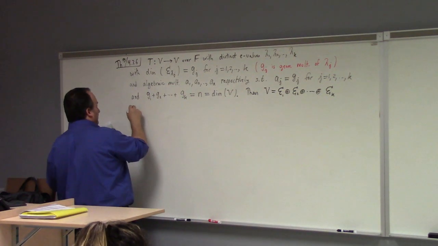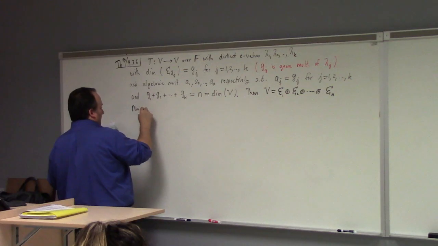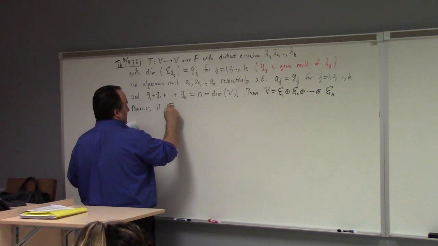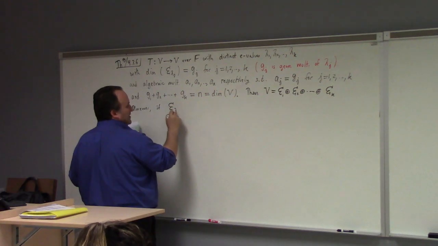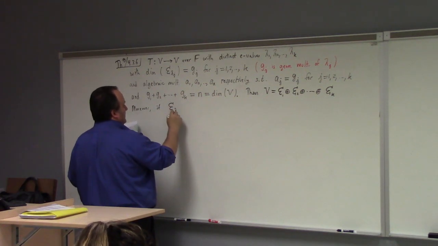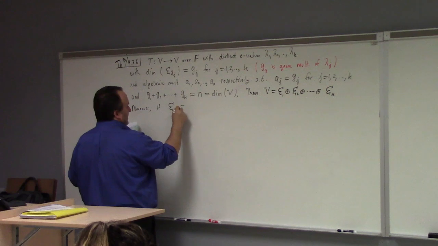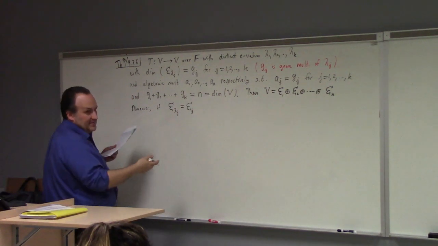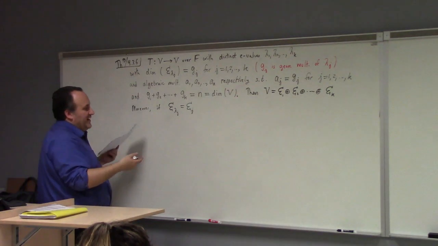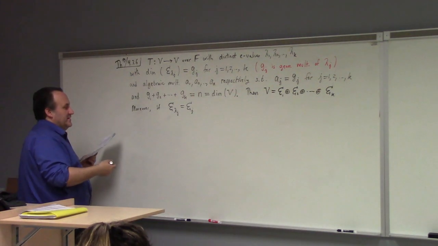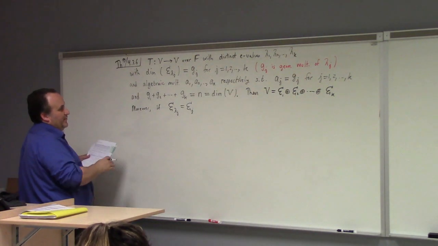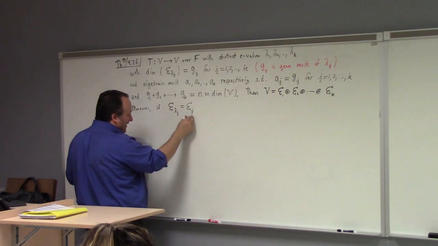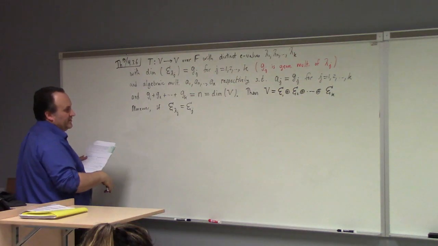Moreover, if E lambda j, and let me just use the shorthand, guys, E lambda j is equal to E sub j. All right, there's no danger of ambiguity here. Oftentimes we use that. I go back and forth whether I want to use the eigenvalue itself as the label or the label of the eigenvalue as the label for the eigenspace, but whatever.